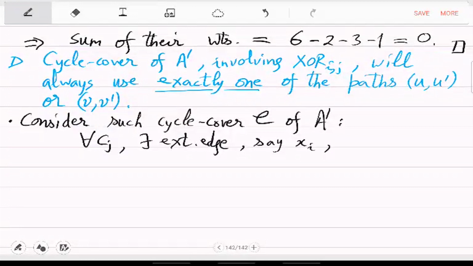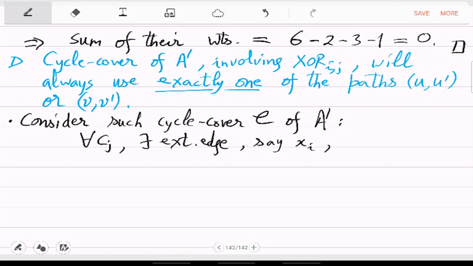Right, the clause Cj gadget has 3 external edges. So let's say the cycle cover is in fact not picking, dropping this xi, right? In the clause gadget we said that one will be dropped.